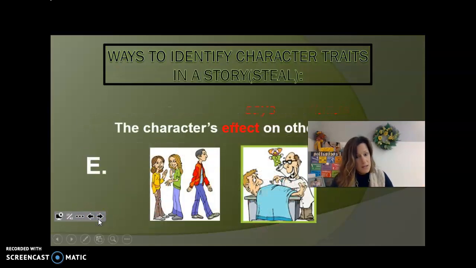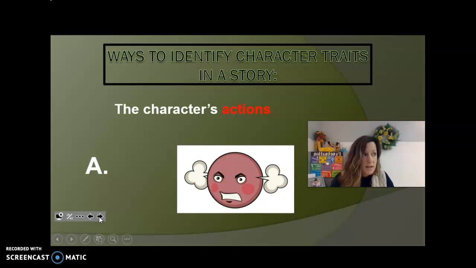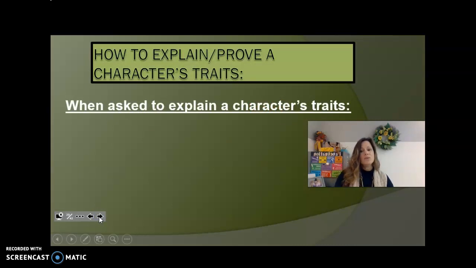The E, the character's effect on other people. Does the character annoy others? Does the character act mean to other people? A, the character's actions, what the character actually does, and L, what the character looks like, or their physical traits. Are they tall? Are they short? Do they have red hair? Those are all ways to identify them.